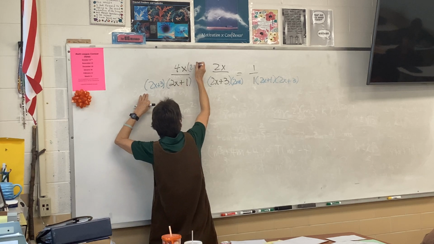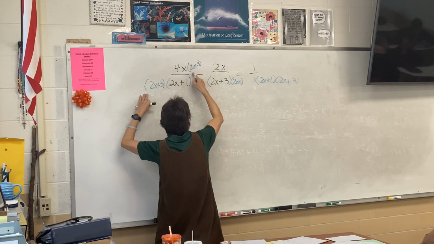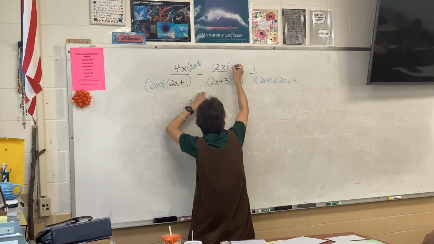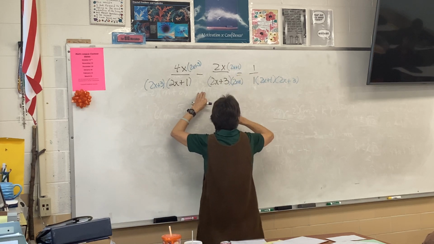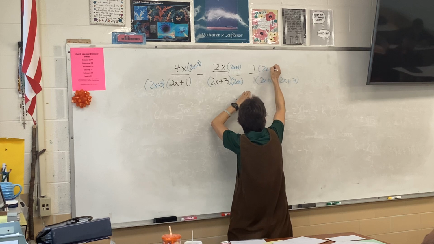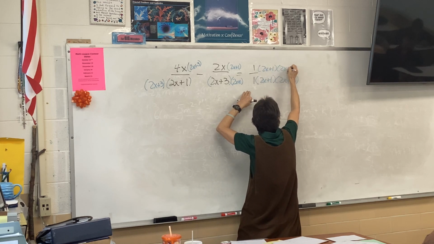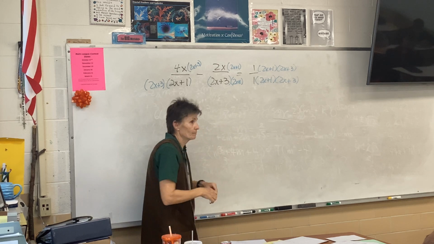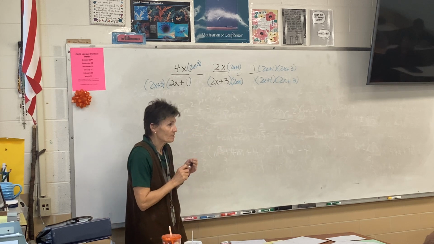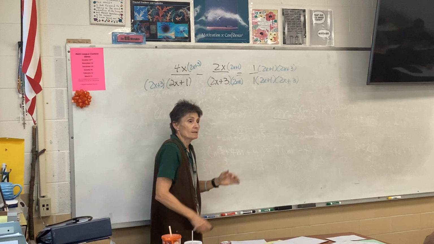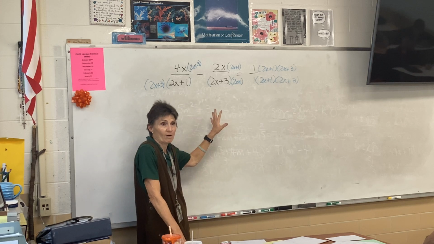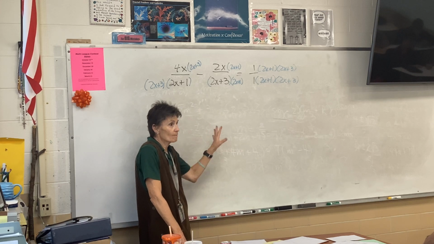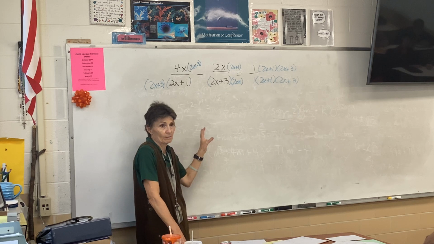Okay, now whatever's in blue has to be up on top too. So I'm gonna put a 2x plus 3 here. I'm gonna put a 2x plus 1 here. I'm gonna put both of those here. Sometimes the arithmetic gets ugly, but we need to be able to get this far. Is everybody on board here?